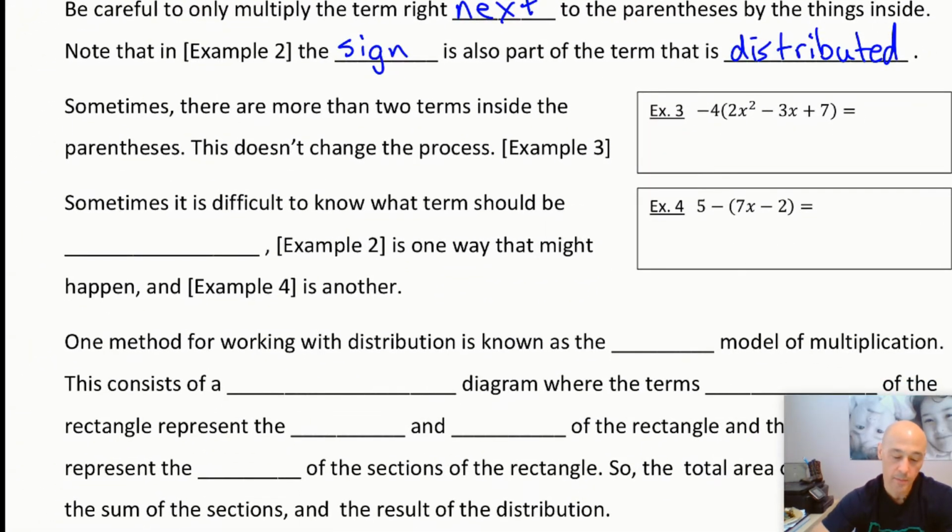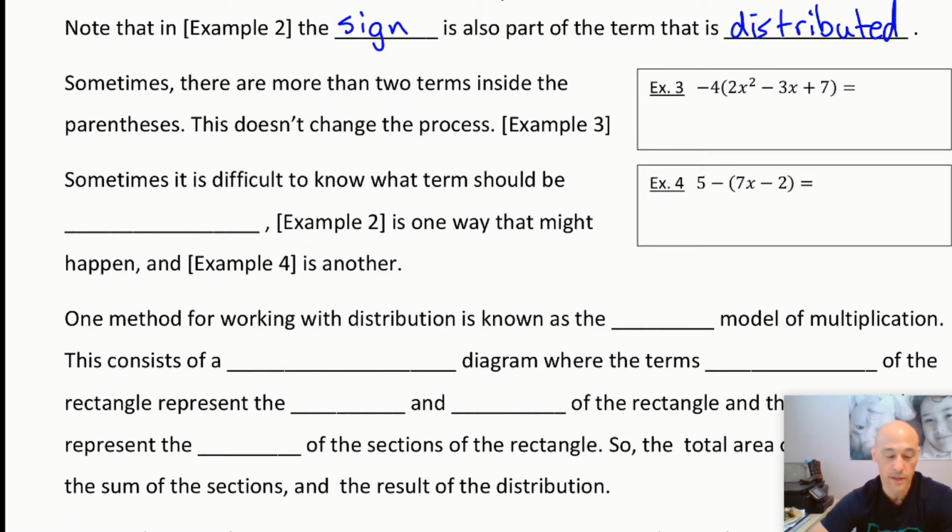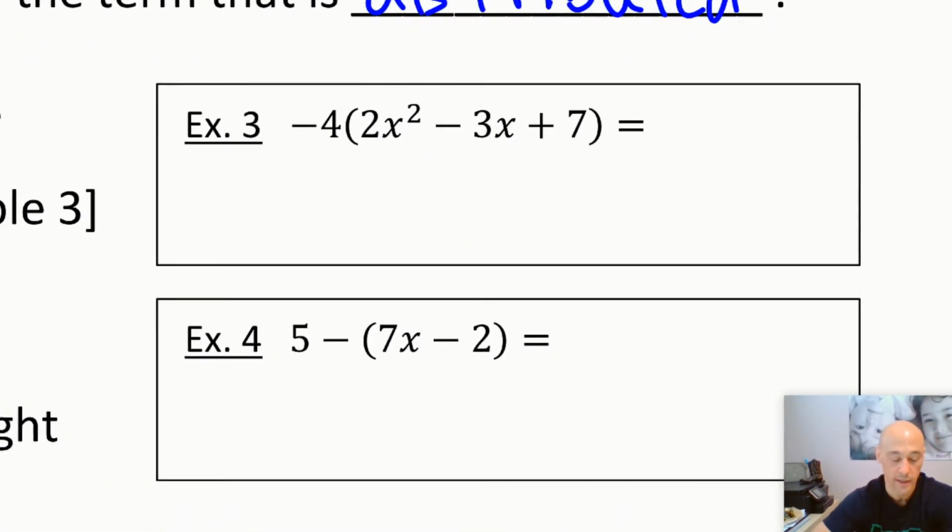Now, sometimes there are more than 2 terms inside the parentheses. This doesn't change the process at all. Example 3 is a situation like this. So we multiply that negative 4 by 2x squared. Don't let it bother you. Negative 4 times 2x squared is negative 8x squared.